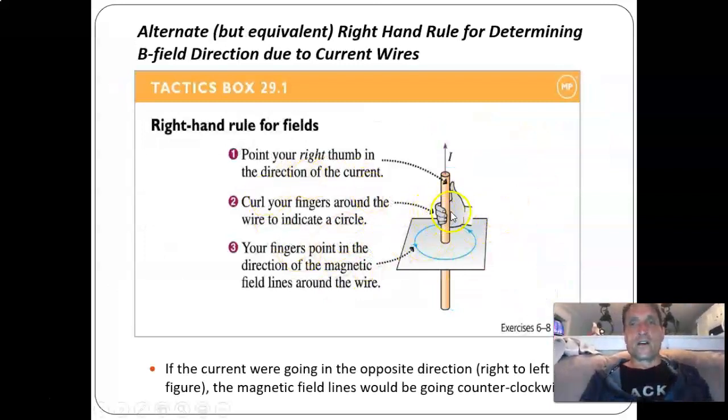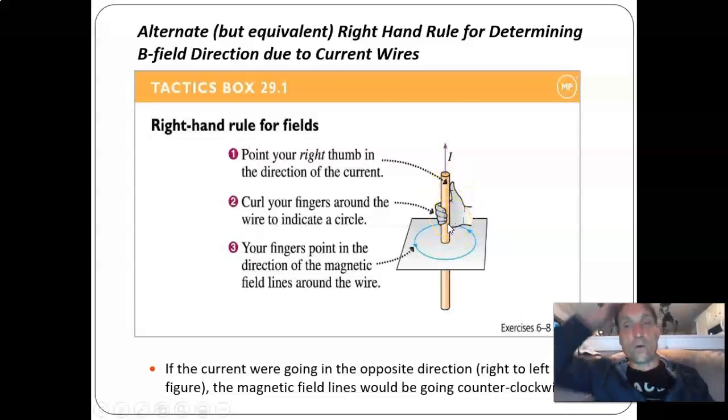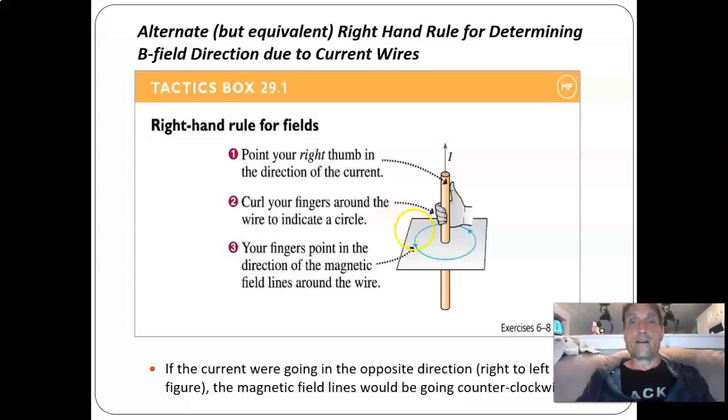Okay, so take your thumb and point it in the direction of the current. Then you curl your fingers around the wire, so it's as if you're holding the wire in your hand. And your fingers will point in the direction of the magnetic field lines around the wire. So in this case, the current is coming upward.